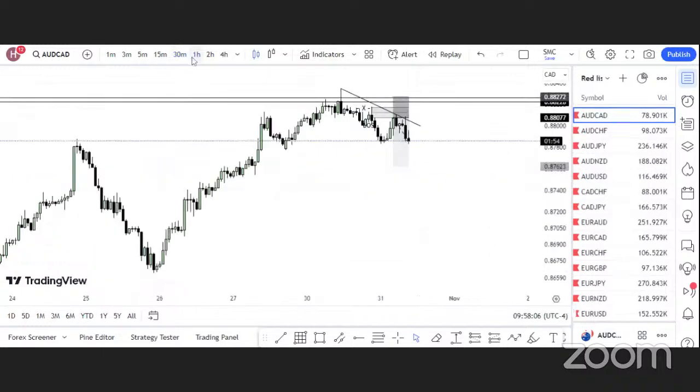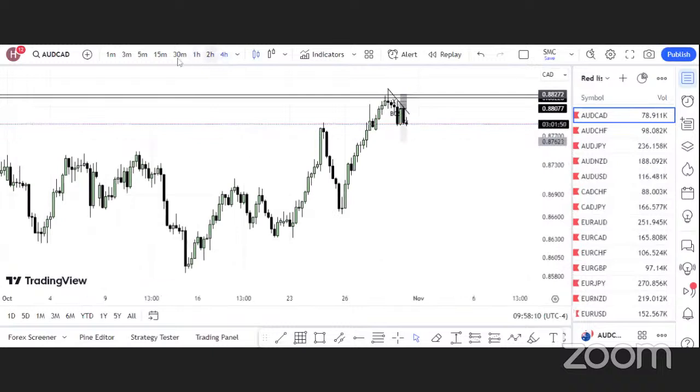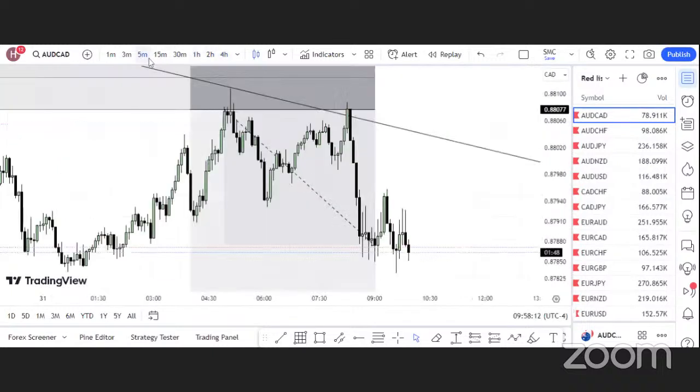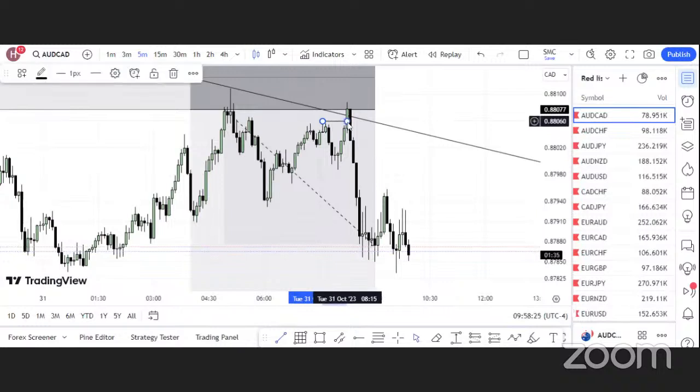So let's go to the higher time frame. Let's go to the 4 hour time frame. Okay, now let's go to the lower time frame, 5 minutes. You see we have so many gaps here, and we have this liquidity taken out here.